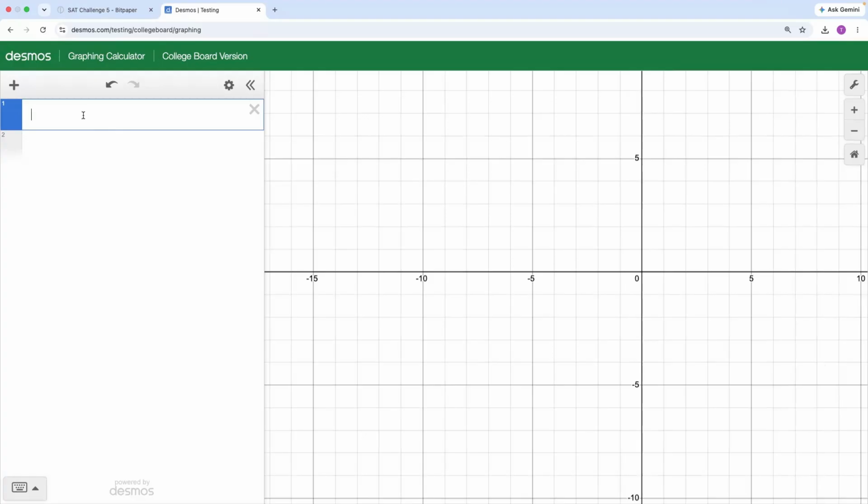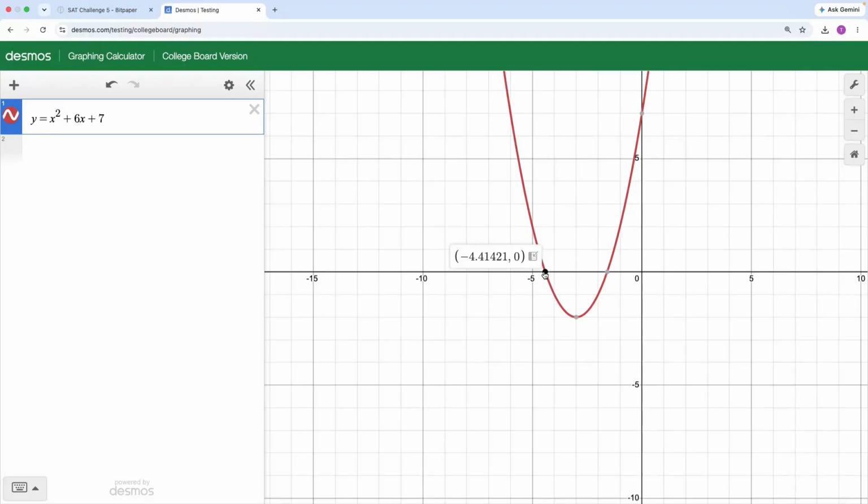But now let's go back and try another approach. What if we use the graphs to get the roots directly? First, let's graph y equals x squared plus 6x plus 7. Now I'll click on the two x-intercepts.